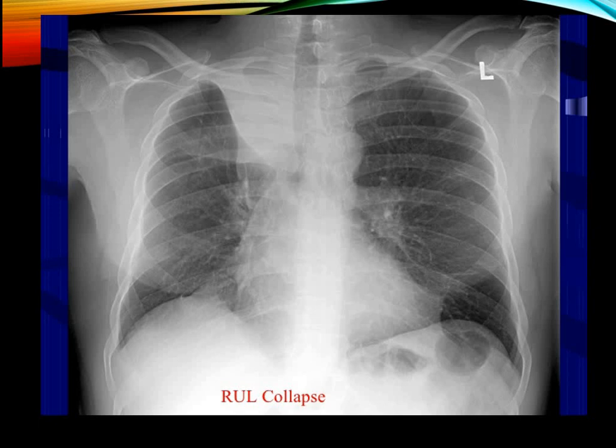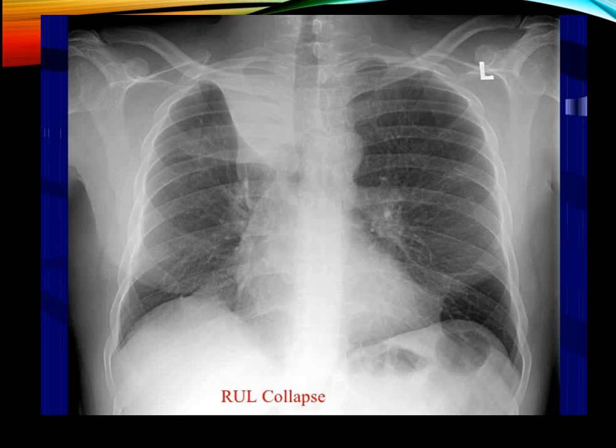In this chest X-ray we are dealing with an opacity in the right upper lung zone. This opacity is limited by a line which is directed upward. This line represents the horizontal fissure, but it is an elevated horizontal fissure.